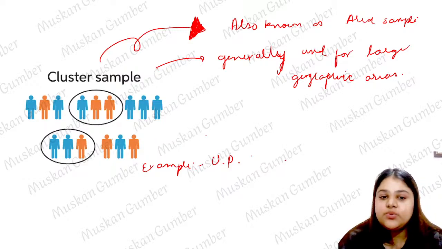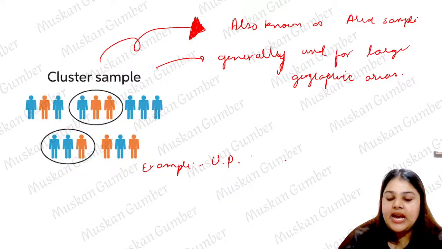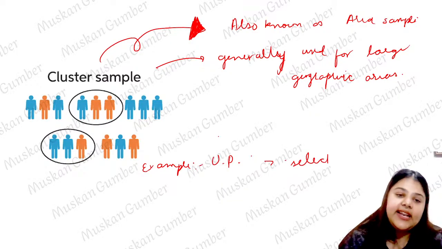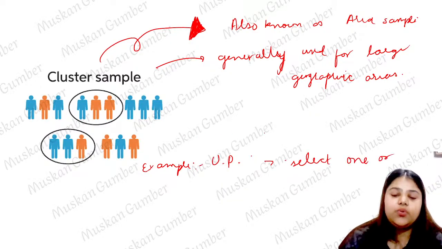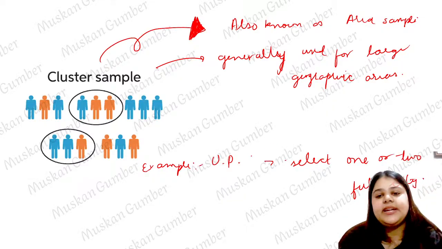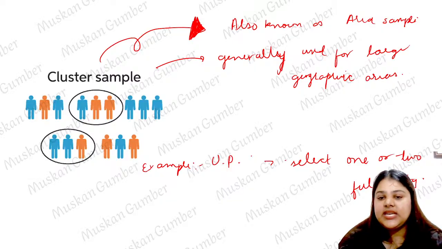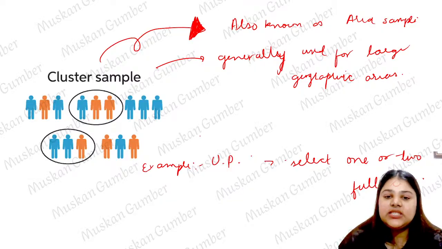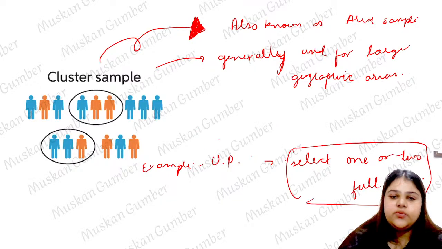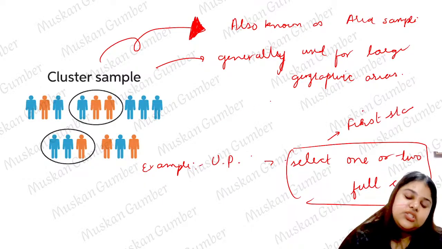So in order to make it easy for me, I will select one or two full cities. That okay, this is where I am going to select my data from. This is known as first stage cluster sampling.